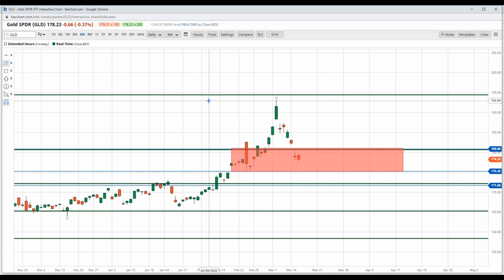Now, again, if I'm looking at a demand zone or a support level, then I want to go from bottom to top. If I'm looking at a resistance level or a supply zone, I'm going to go from top to bottom.